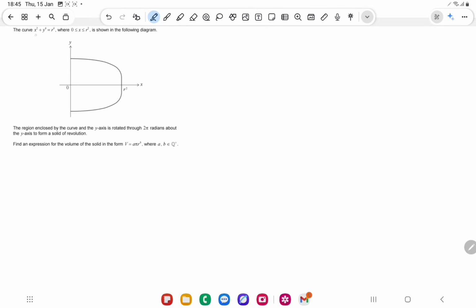Now in this question, the curve x square plus y to the power 4 equals r square is given. We have to find an expression for the volume of the solid in the form a pi r to the power b. So let's start with the solution. First of all, I will copy the equation given to me. I can write my x square value as r to the power 4 minus y to the power 4.